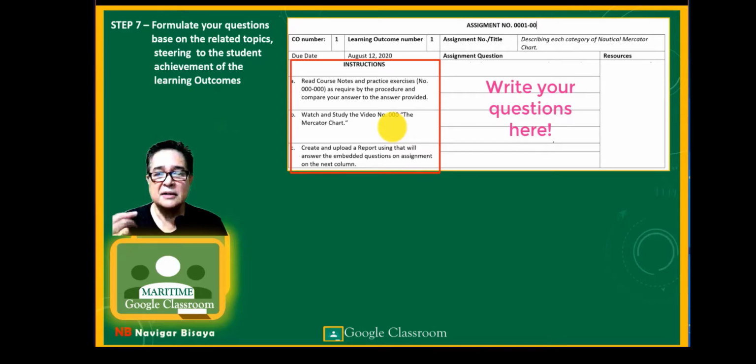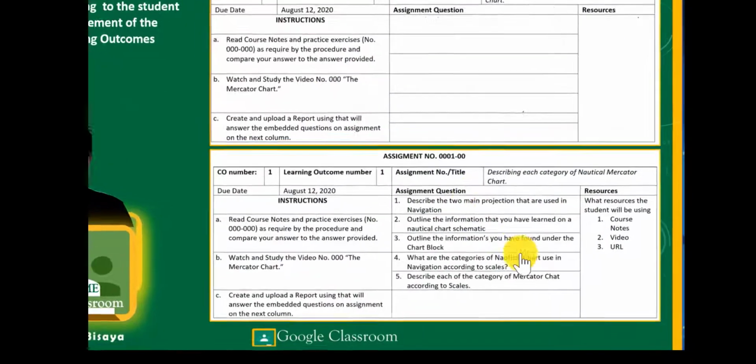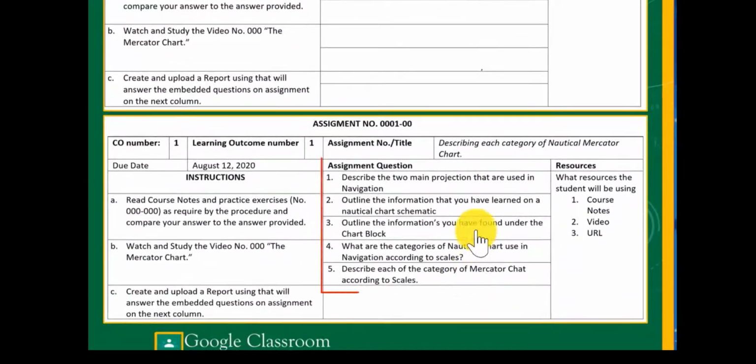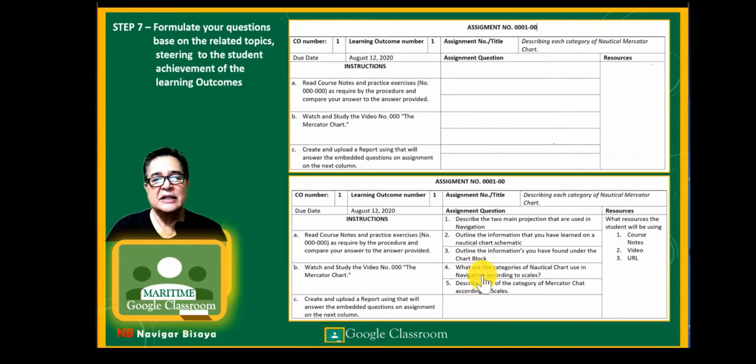Remember, related to the topics and steering to the student's learning outcome, like this one. As you now have the complete assignment form, you can upload this to the Google Classroom to create the assignment. In the next part, we will create an assignment on the Google Classroom.